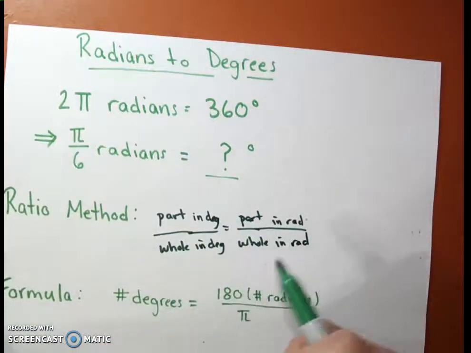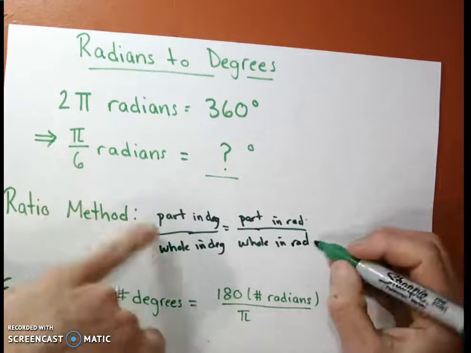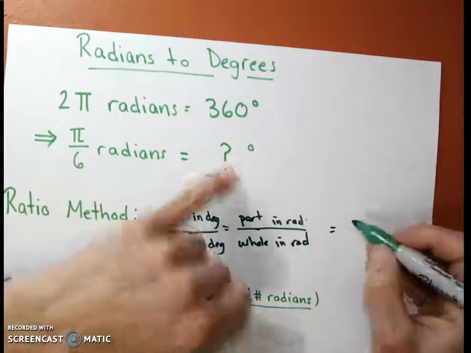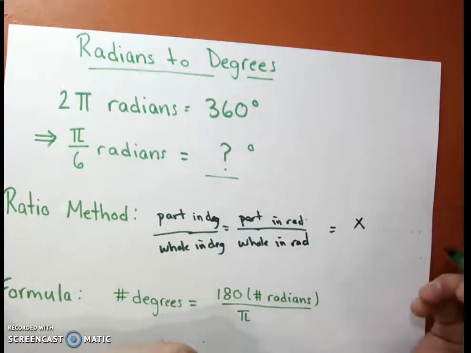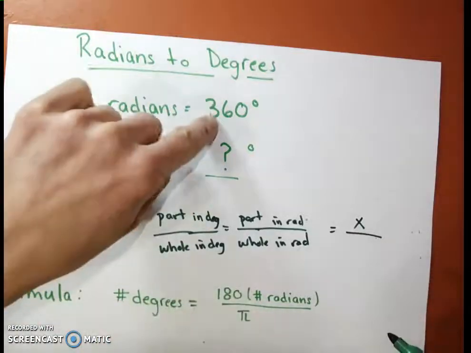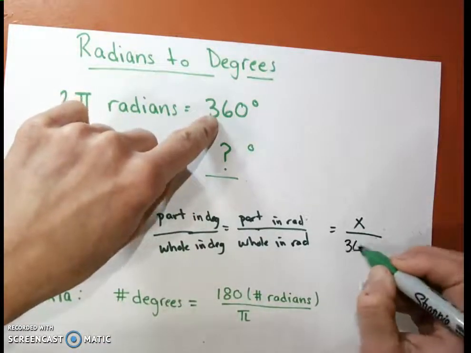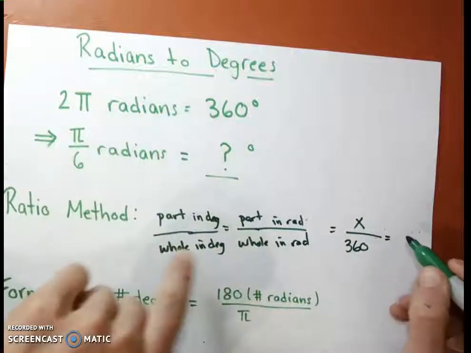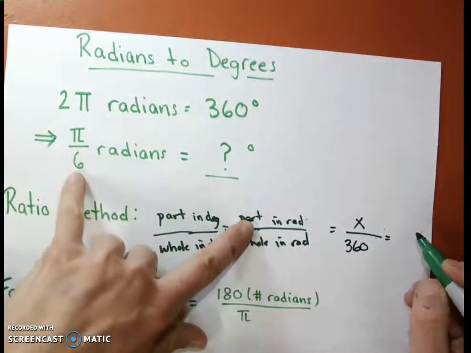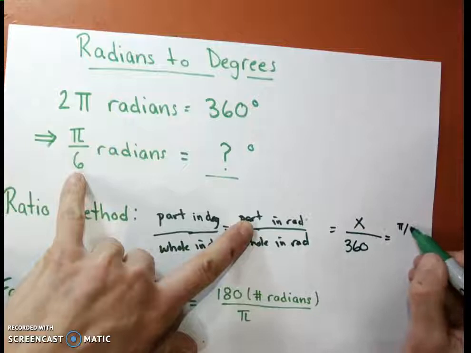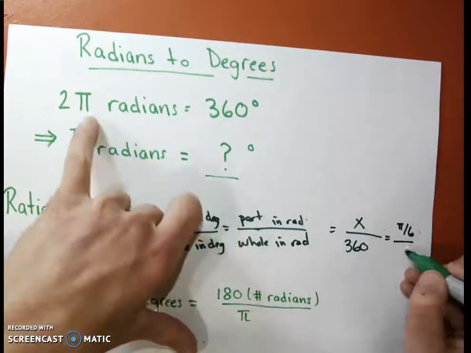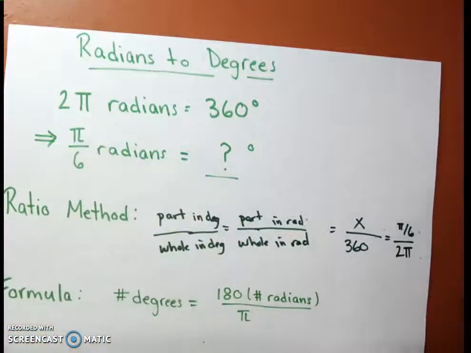By the whole, I mean the circle. And so if I plug this in, the part in degrees is what I'm looking for, so that will be my x. The whole in degrees is the full circle, so that's 360. The part in radians is my angle, so that's pi over 6. And the whole in radians is my full circle, so that's 2 pi.